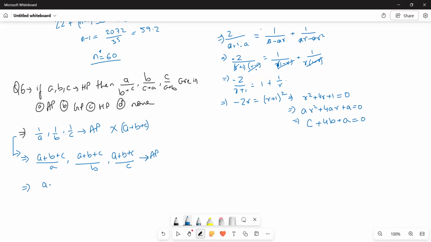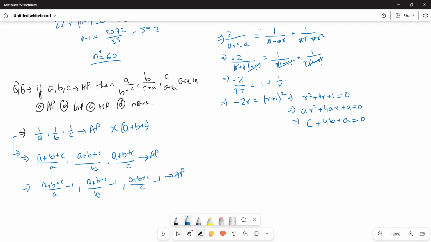Then this will imply that A plus B plus C by A minus 1, A plus B plus C by B minus 1, and A plus B plus C by C minus 1 will also be in AP.